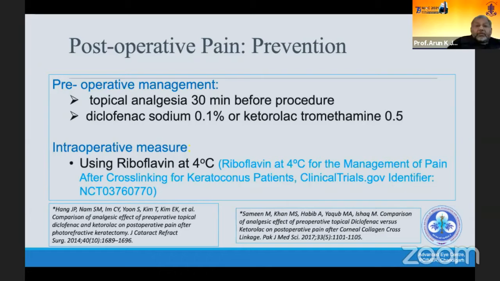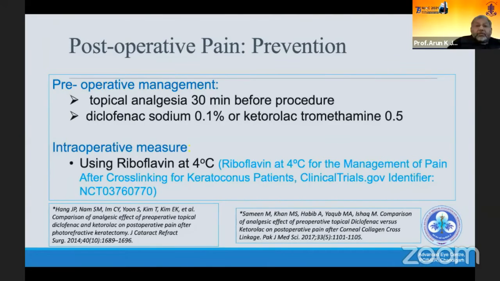Also intraoperatively, one can use 4-degree cooled riboflavin dye, which is also a little soothing for the patient, and is shown to have less pain post-operatively.